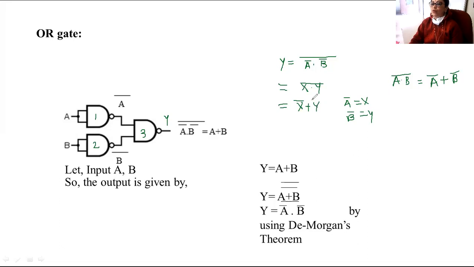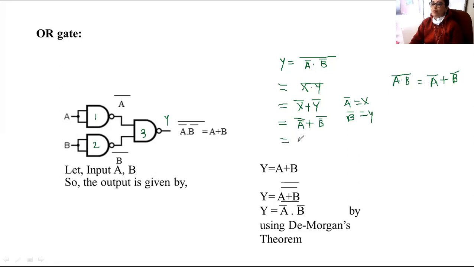Okay. Now, in place of X, you can substitute its value, that is A bar. So, it will become A bar bar plus Y will become B bar bar. Bar of bar is quantity itself.